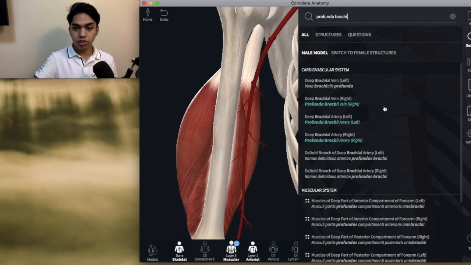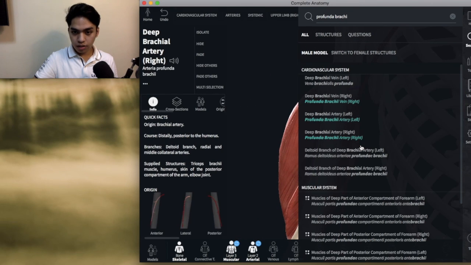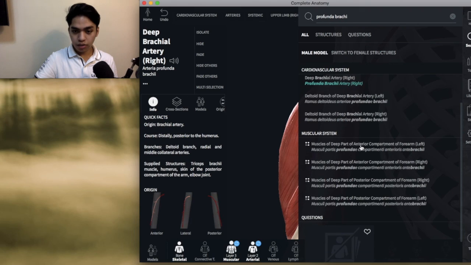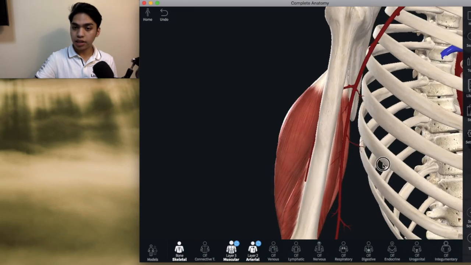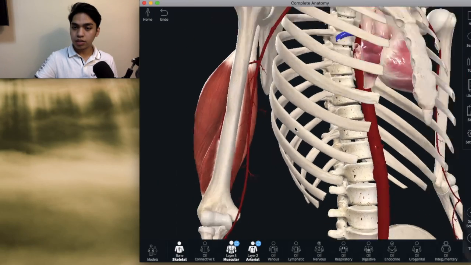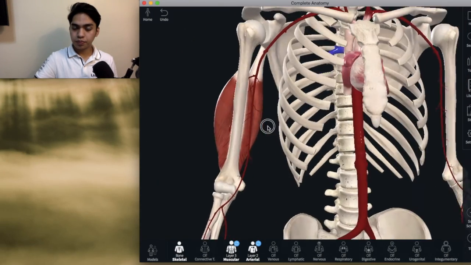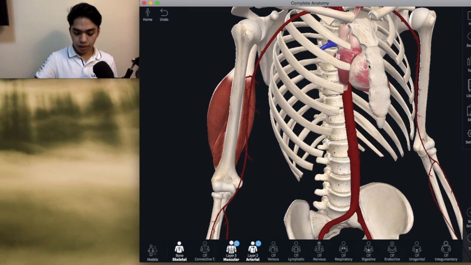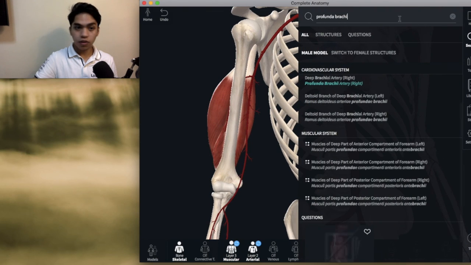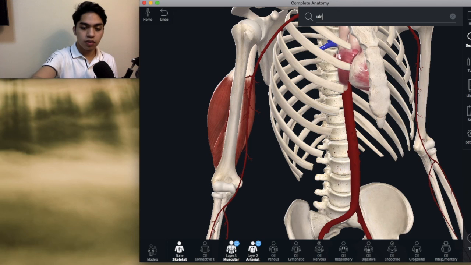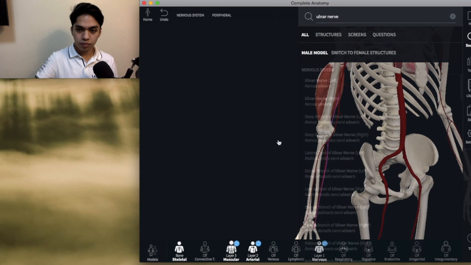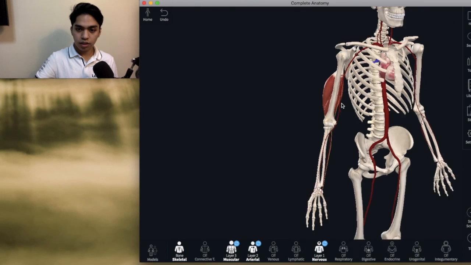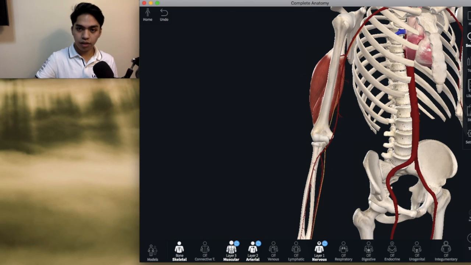Yes, you could just search your specific structures and it will pop up, and it will display information on the side. As well as the ulnar vein, the ulnar nerve. Yan. And lastly, we have another nerve, the radial nerve.